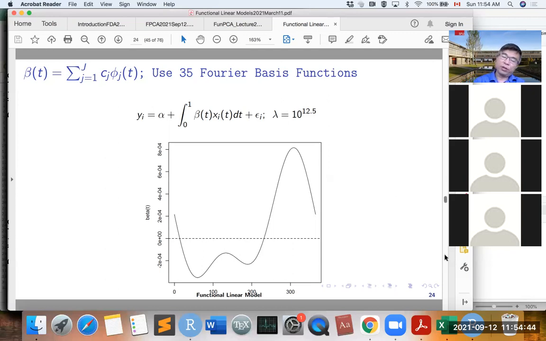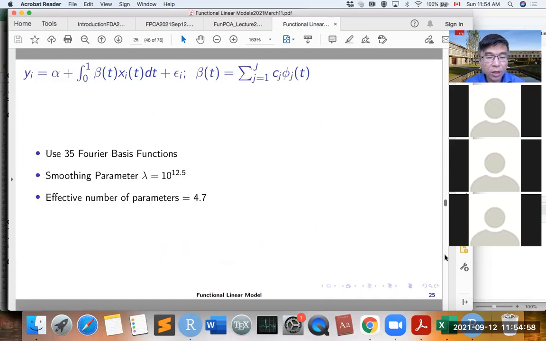So this is the result. You can see that after adding a roughness penalty, even though we're using a large number of basis functions, we can still get a pretty smooth estimate of beta(t). Here we have 35 Fourier basis functions, but the effective number of parameters, which is the trace of the smoothing matrix, is only 4.7.